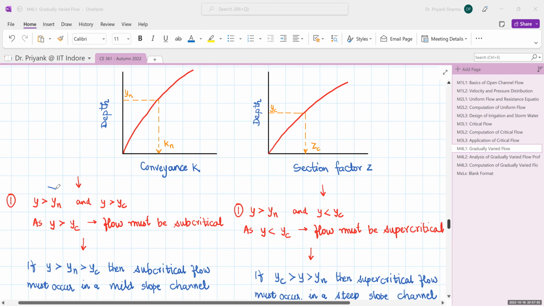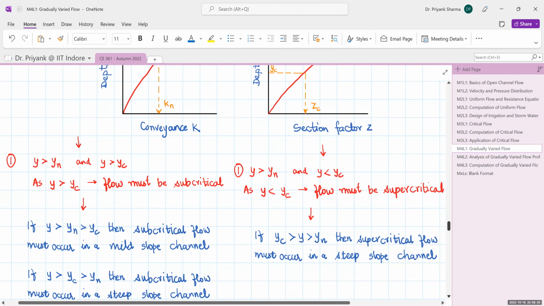Your y is greater than yn and y is greater than yc. If y is greater than yc, your flow has to be subcritical. If we look at this specific energy curve, this will be your yc point, and any depth greater than yc will be the subcritical zone. So that is one comparison. How do you frame this? y greater than yn and y greater than yc. So again, two conditions are possible in this.